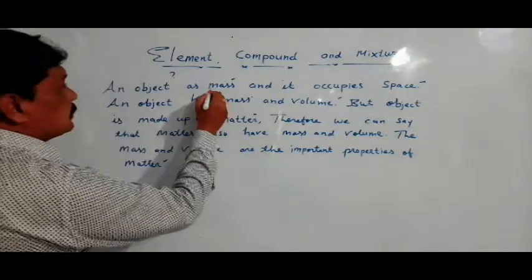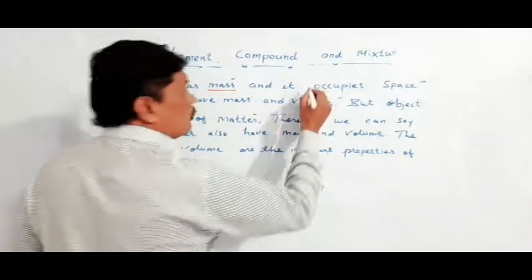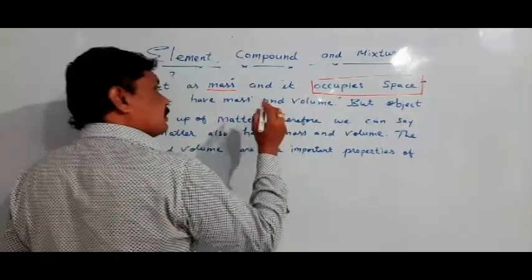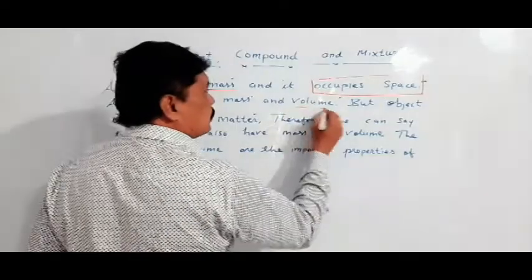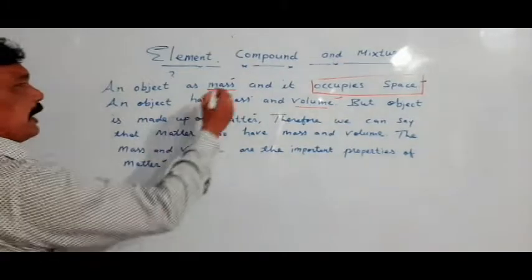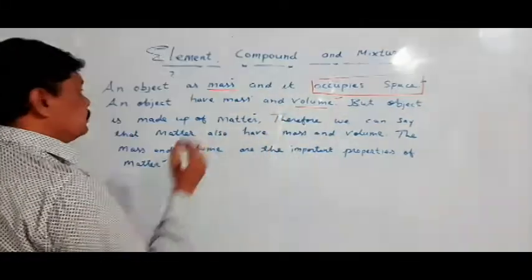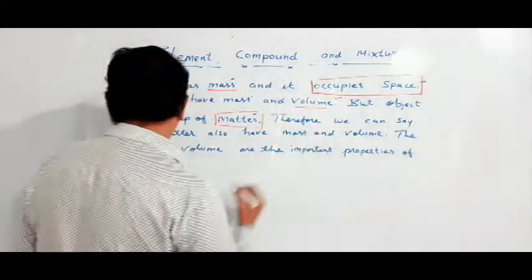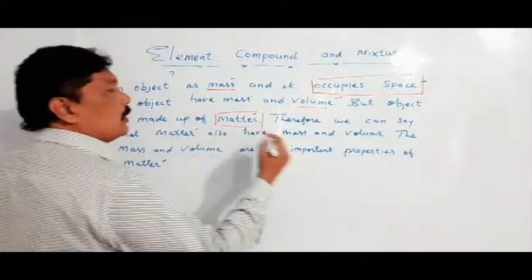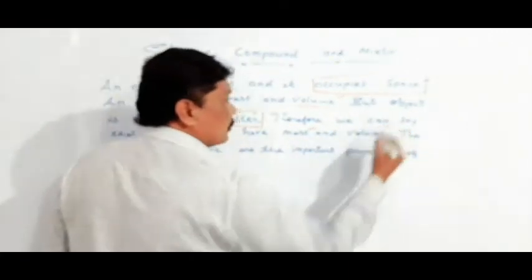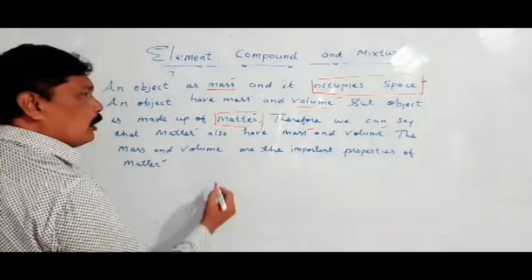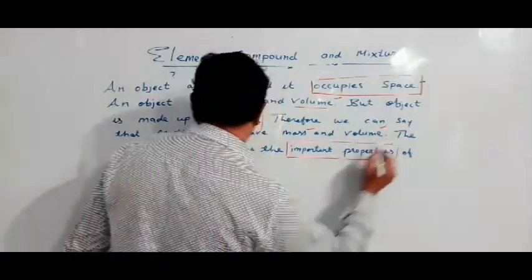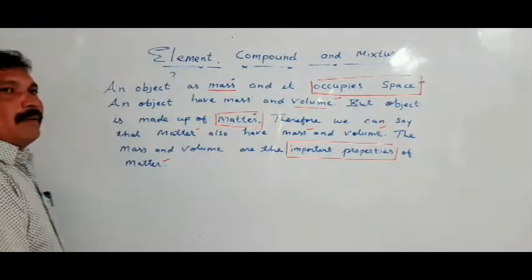Anything which occupies space, then we can say that it has volume. We have studied that an object has mass and volume, but an object is made up of matter, and therefore we can say that matter also have mass and volume. The mass and volume are the important properties of matter.